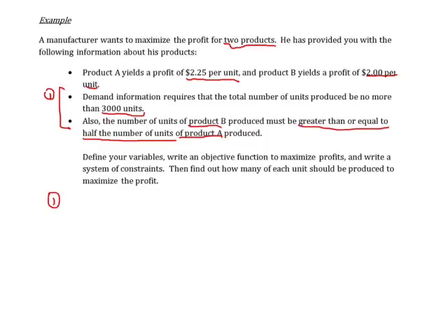We know that we have at most 3,000 units. First let's get some variables. Let's call A the number of units of product A we sell, and let's call little b the number of units of product B.